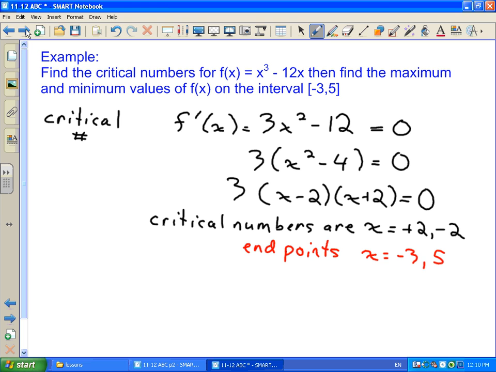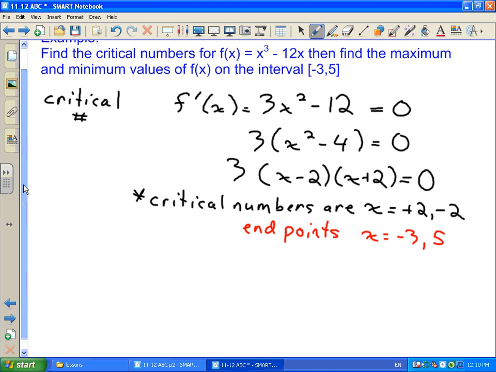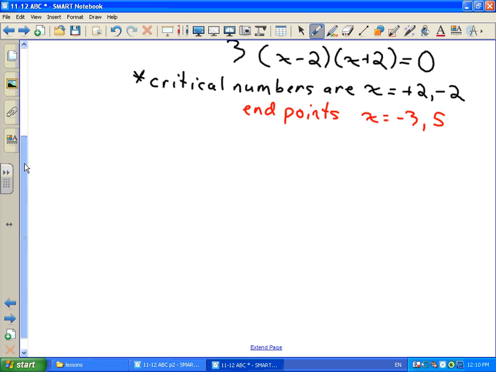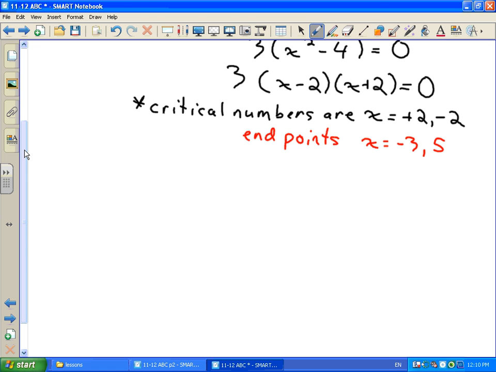I want to find out if these two critical numbers represent a local maximum or a local minimum. Okay. So we can do that by checking the sign of the derivative on either side of these things. So we can set up our intervals here. We've got one interval that's going to go from -3 to -2.